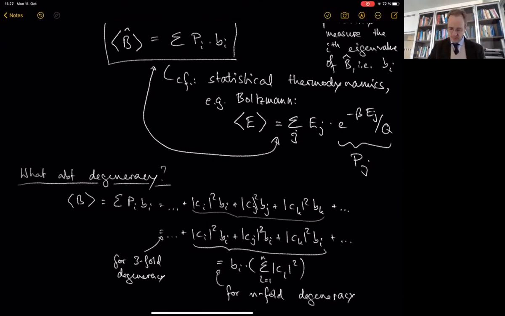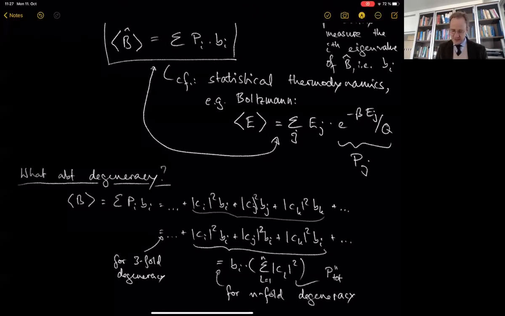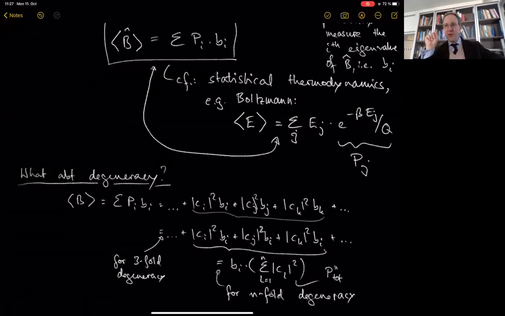Okay. So basically, your sum has multiple terms with the same eigenvalue, so you can factor it out and then collapse that probability here. This is then your P degenerate, Pn tot or whatever. You can collapse that in one bulk if you wish. The probability of just measuring that degenerate eigenvalue is the sum of the probabilities of each of those levels, right?